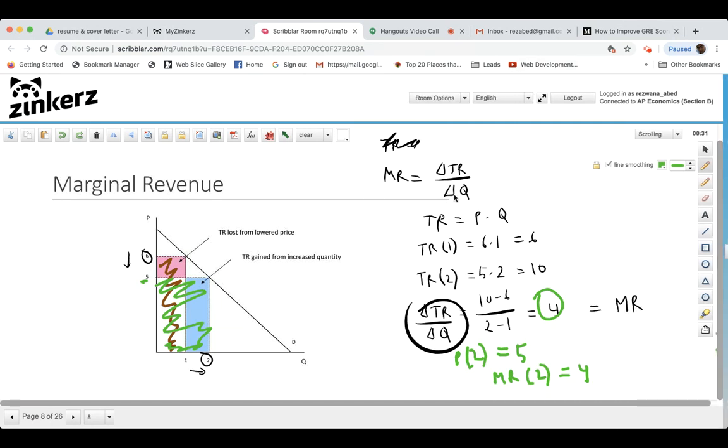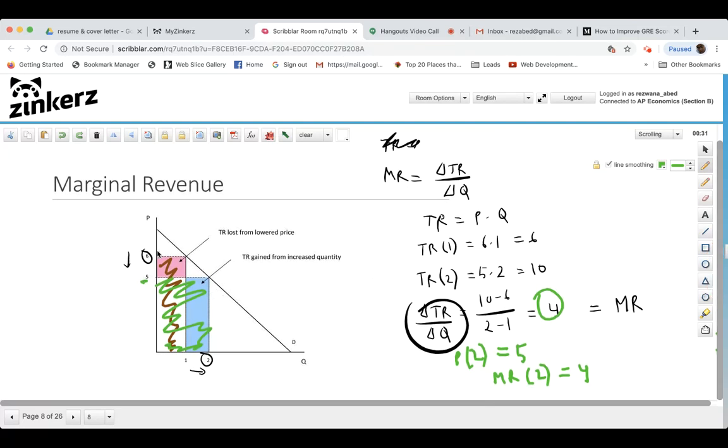Then let's do this. The other thing that I want to show you here is the relationship between the demand curve and the marginal revenue, which has to do with the slope. Rather than going into a lot of formulas, let me just show you what happens.